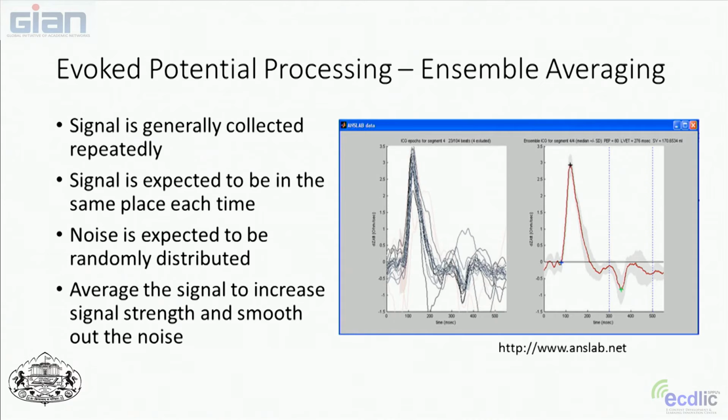So you keep collecting over and over again, and then you average the signal, and by doing so, you increase the signal strength, and you reduce the noise because you're assuming the noise is going to 0, and your signal is getting more and more prominent as you measure these repeatedly. So you can see on the left what it might look like of several measurements, and on the right, then you get your nice VEP waveform.